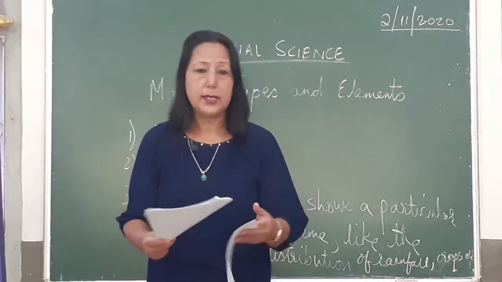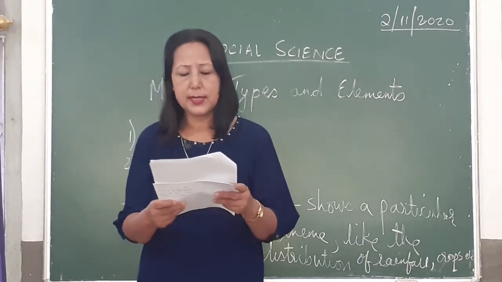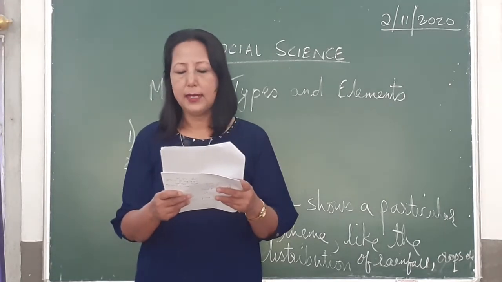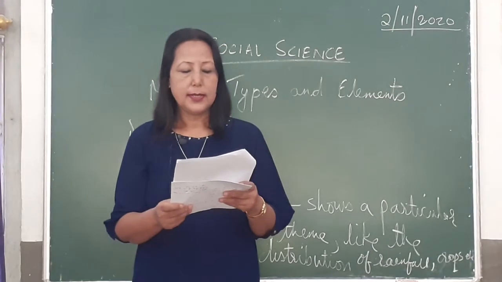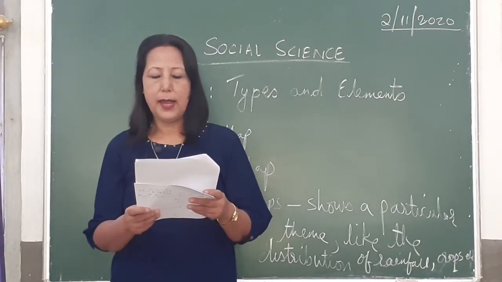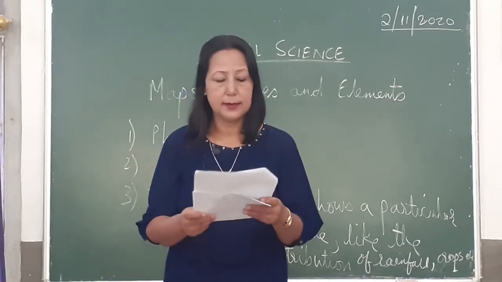Elements of a map. Now what are the elements of maps? Maps use certain elements to make them more accurate and understandable for reading. Title, direction, scale, grids, keys are some elements that help us in understanding a map better.